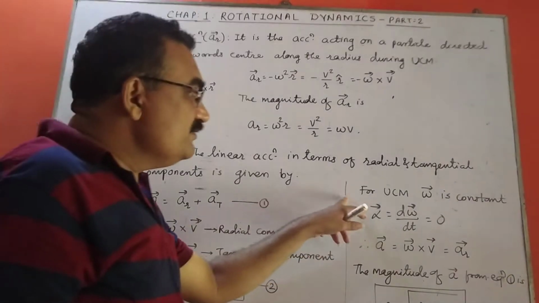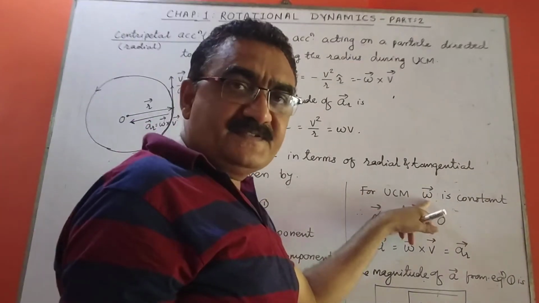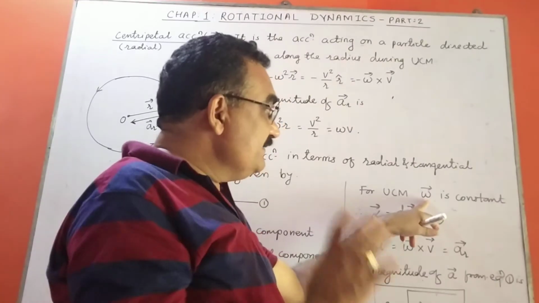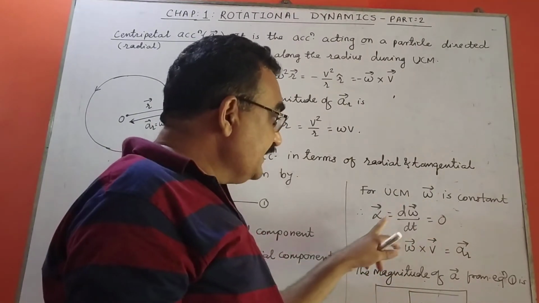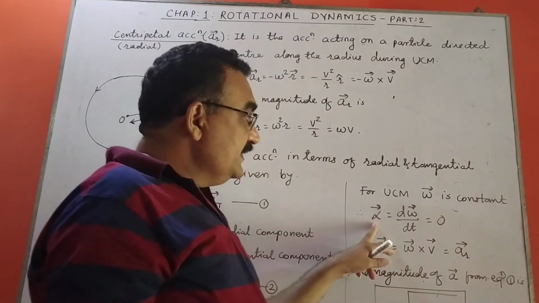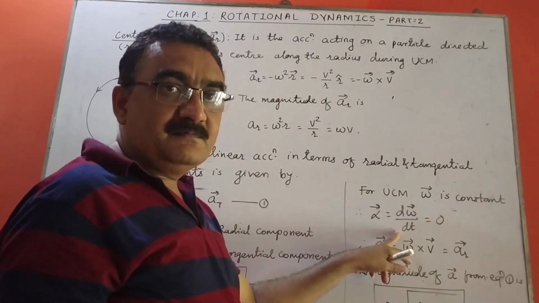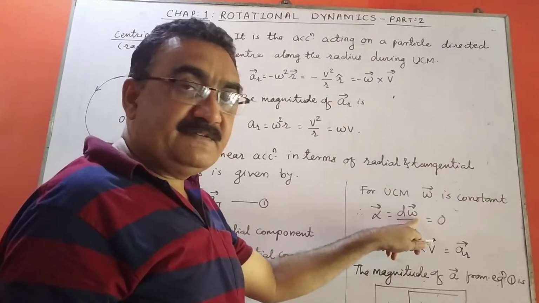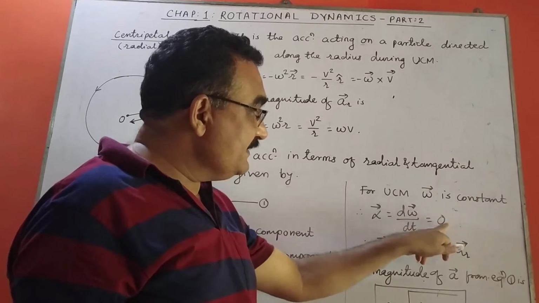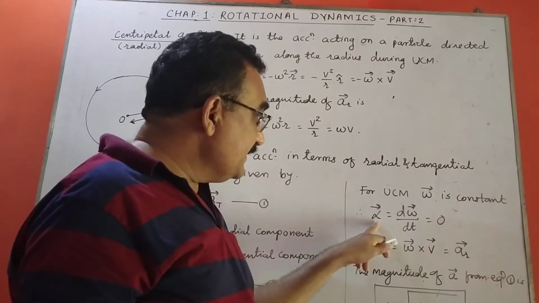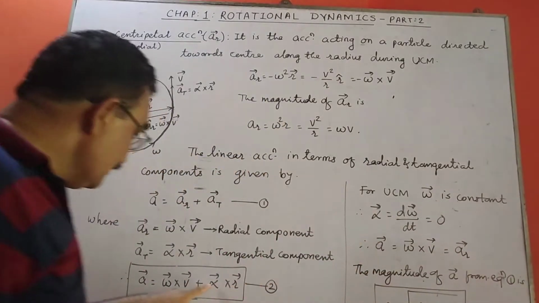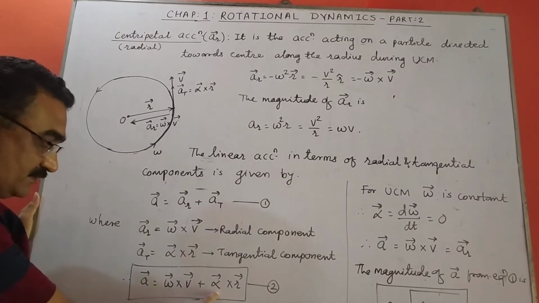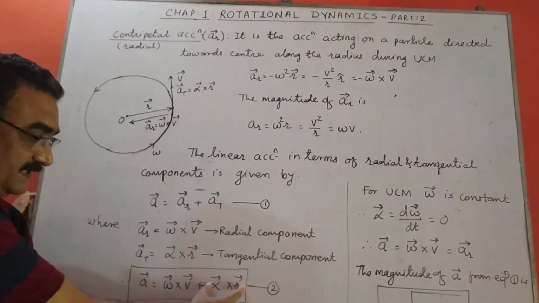Now for UCM, omega is fixed, its value is constant. So alpha, the derivative of omega, is the derivative of a constant term, which is always 0. Therefore alpha is 0. Putting alpha as 0, the second term becomes 0.